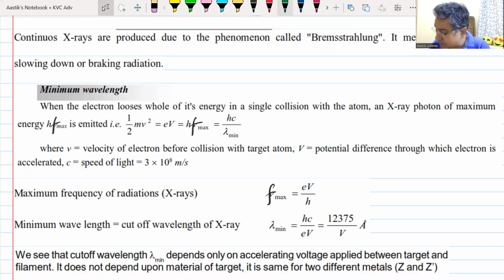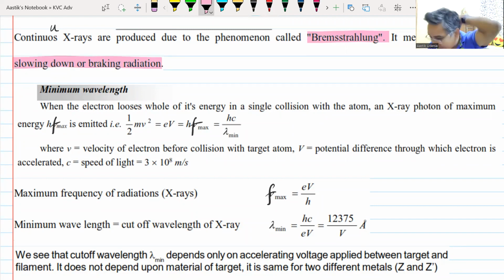These continuous X-rays are produced by a phenomenon, I think it's a German word, Bremsstrahlung. It means slowing down or braking. Electron is slowing down, and the radiation which is produced because of this is continuous X-rays. Do we understand this? Yes, sir.